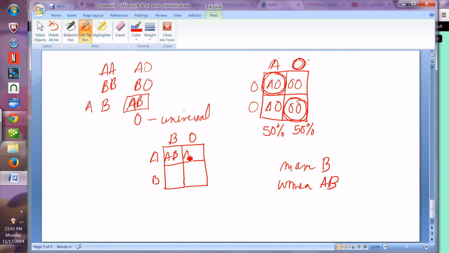And so we can see that they have a 25% chance of having an AB blood type in one of their children, 50% chance that their child will have a B blood type, and 25% chance their child will have an A blood type.